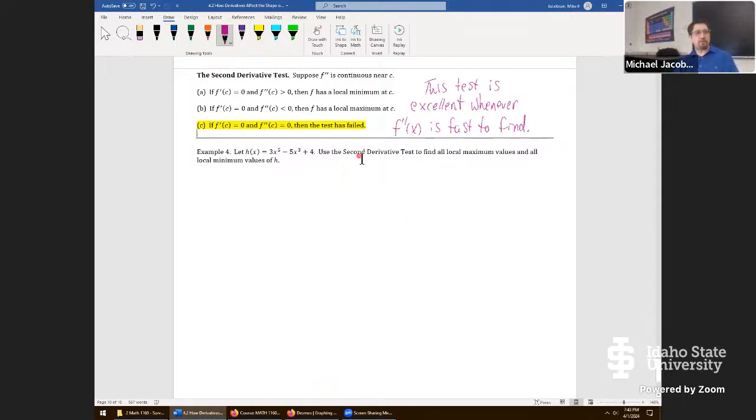So in other words, if you had to do a quotient rule for just your first derivative, then you're going to do a quotient rule for your second derivative, so this is probably not your best test. But if you're dealing with a polynomial, you mean I could get the fifth derivative on this thing pretty quickly, and I know you all can too. This is a wonderful situation for the second derivative test, because all the derivatives go really quick.